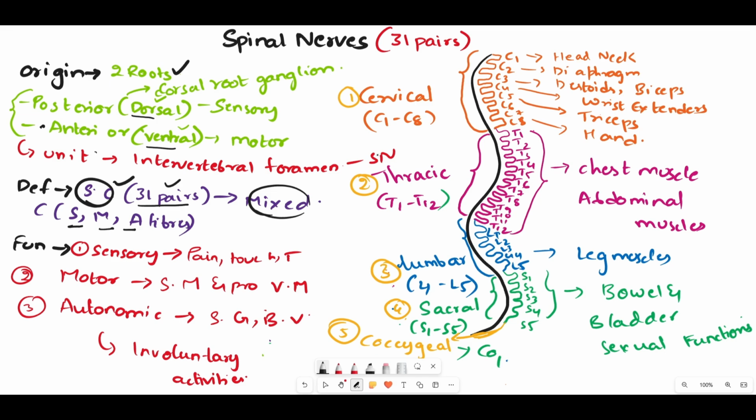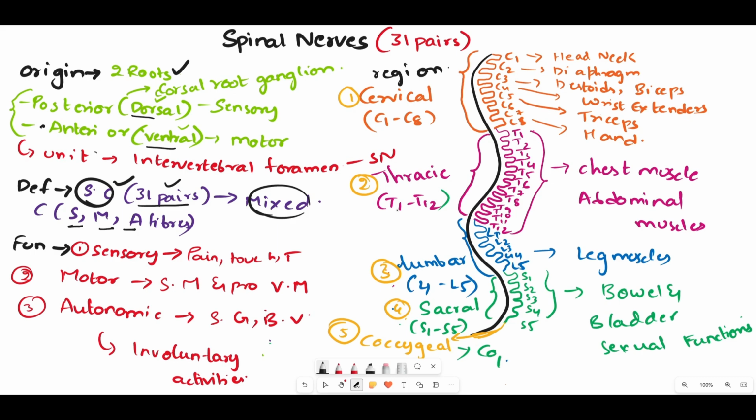Then after writing the origin, you enter into the classification. In the classification, you mention the region and the number of vertebrae present. In the region, you mention that these are divided into 5 different regions: cervical, thoracic, lumbar, sacral and coccygeal. The cervical region starts from C1 to C8.